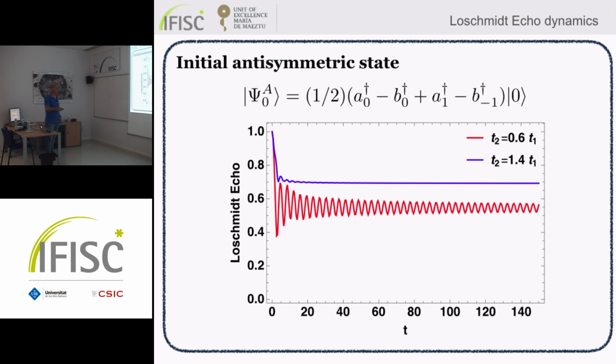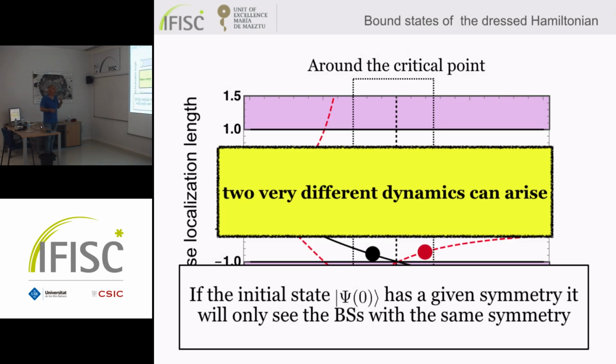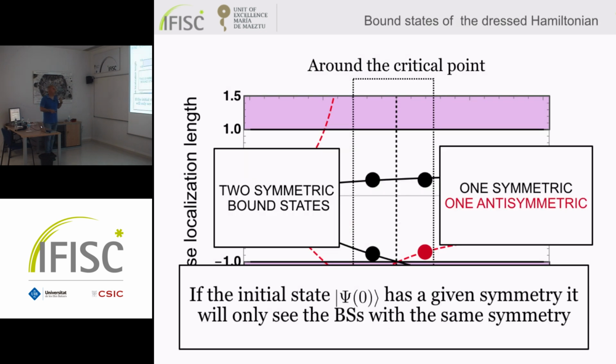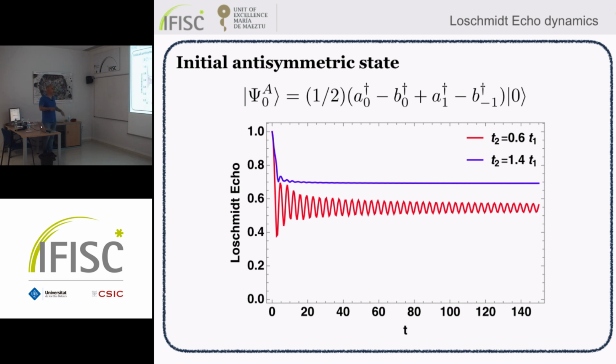In the other one, apart from some initial dynamics, you have a steady state. This oscillation is just the bouncing between the initial state and the bound state with the same symmetry. As the initial state is antisymmetric, it only sees this state in the dynamics. Here you don't have any effective bound state. Here you have one. So you have a behavior that is strongly oscillating or not.